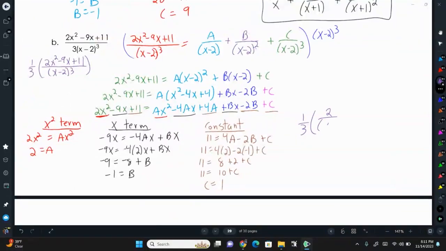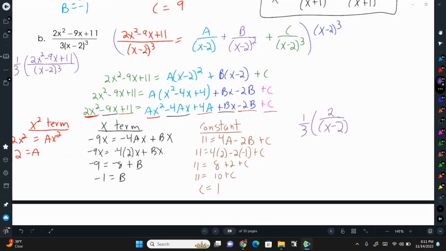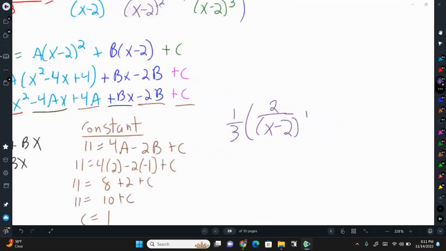So 2 over x minus 2 plus B, our B value was -1, -1 over x minus 2 squared, plus our C value, which was +1 over x minus 2 to the third power. And that would be our final answer.